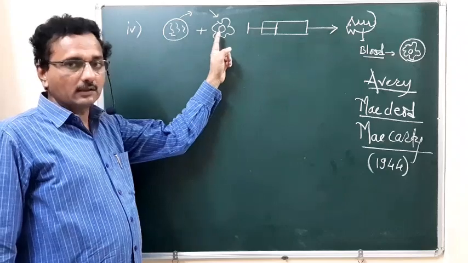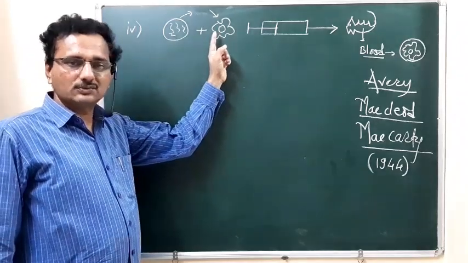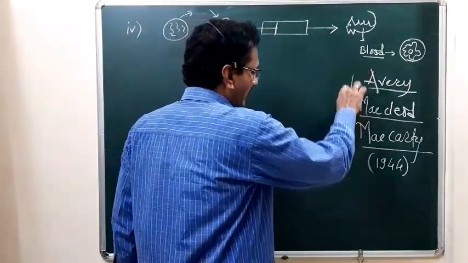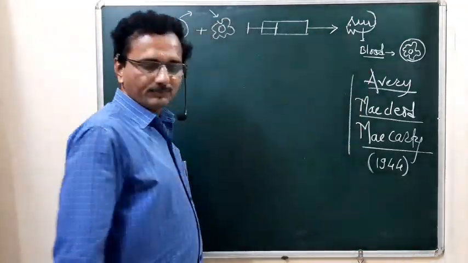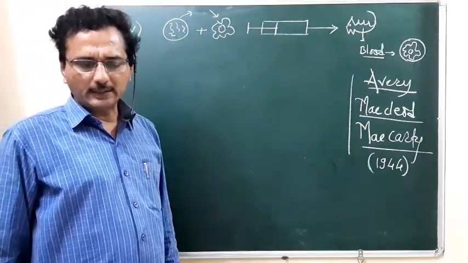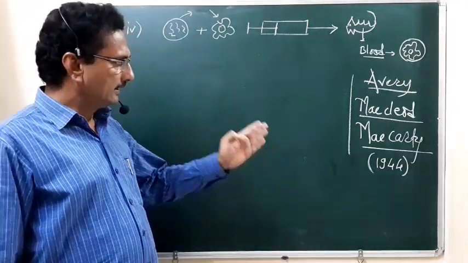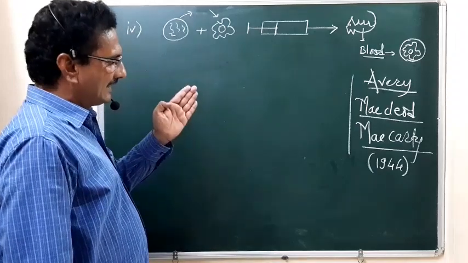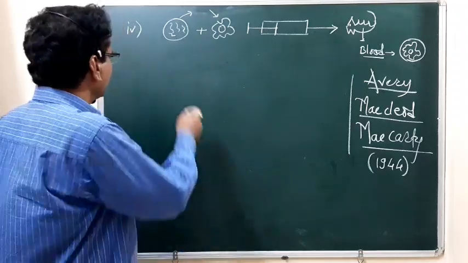So, considering the conclusion made by the scientist Fred Griffith, this group of three scientists, Avery, MacLeod, and McCarty, performed an experiment. And remember, they performed that experiment in a test tube.